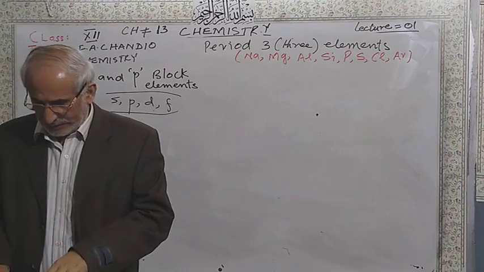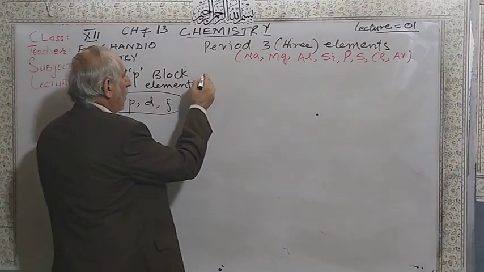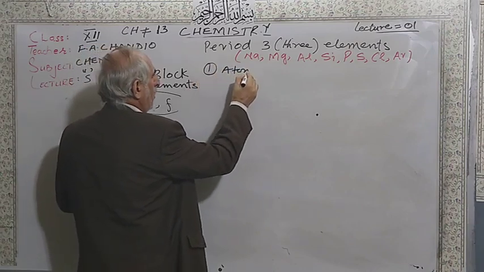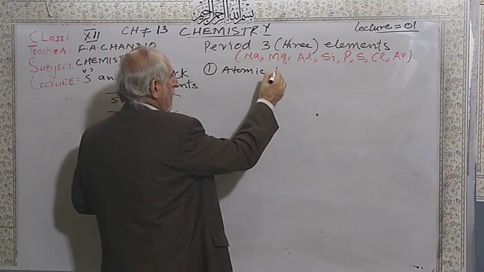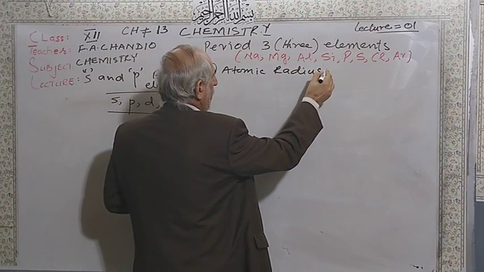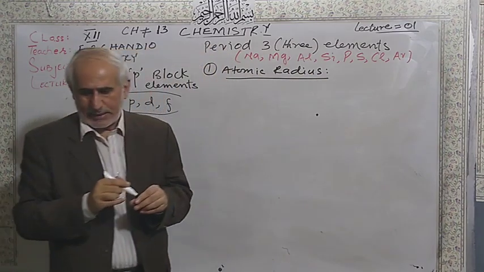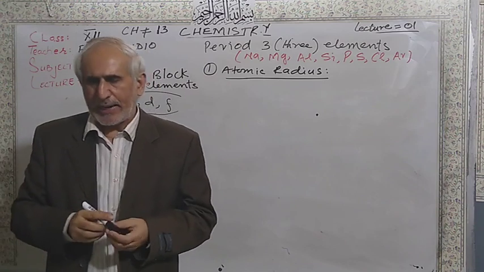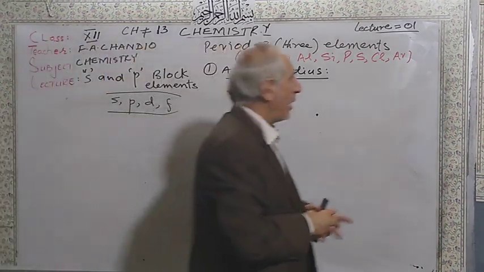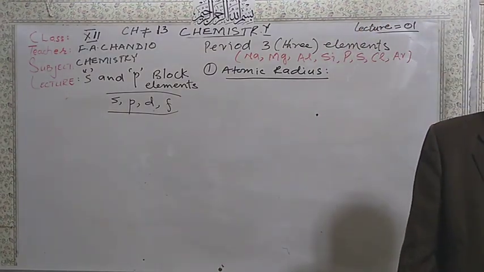Number 1 is atomic radius, atomic size, of these elements from left to right.